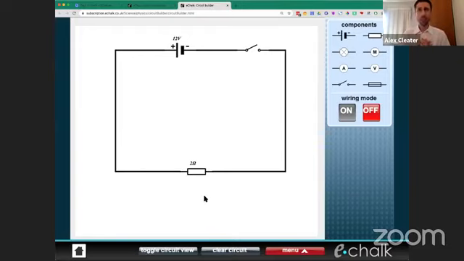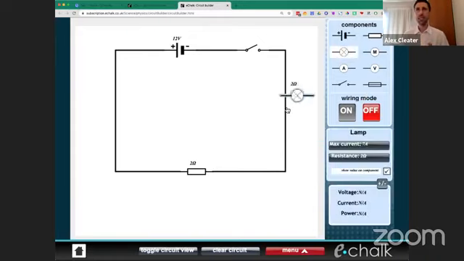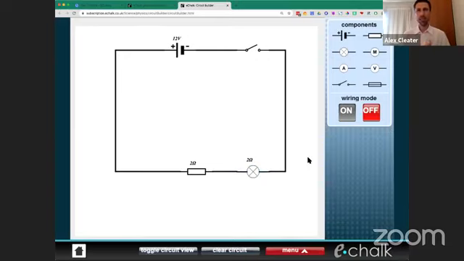At the moment we have 1 resistor connected to this circuit. Could you please add a bulb in series with the resistor? Notice that the bulb has its own resistance. Because the resistor and the bulb are connected in series, could you tell me the total resistance for this circuit? 4 ohms.